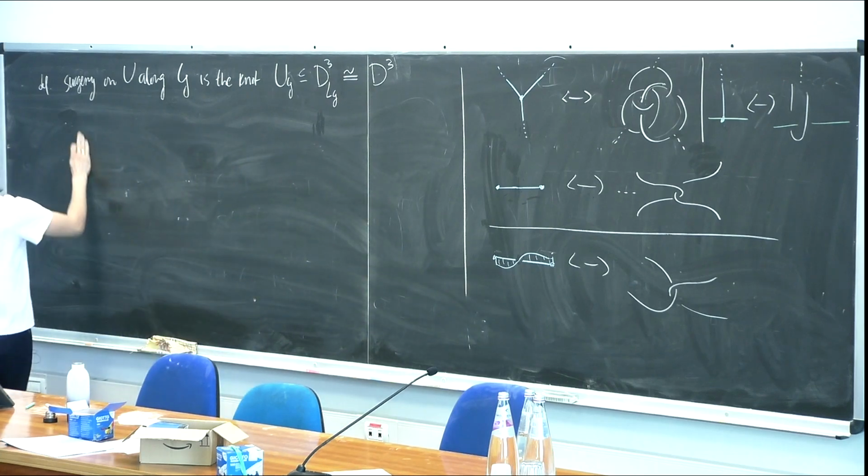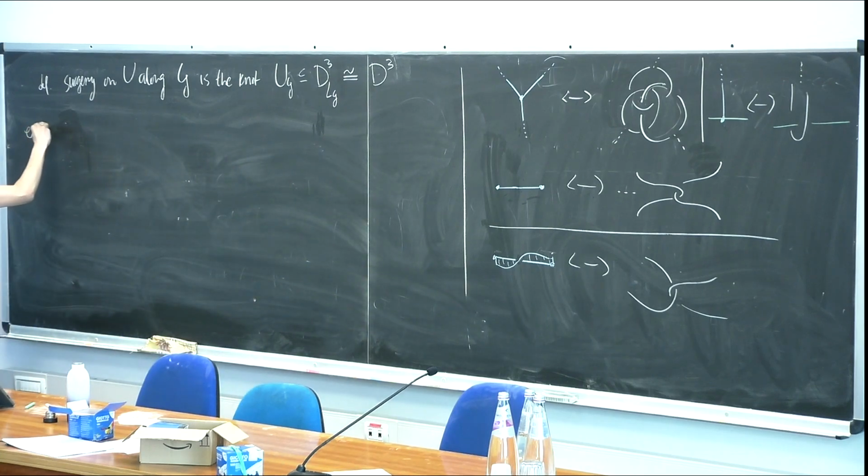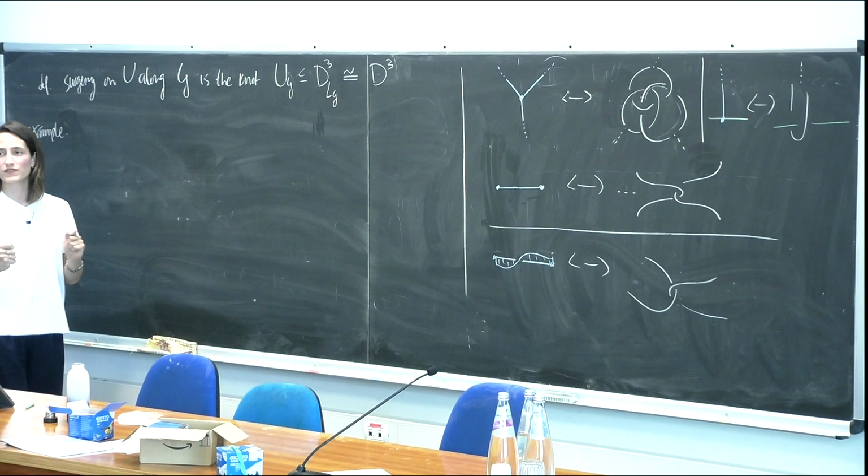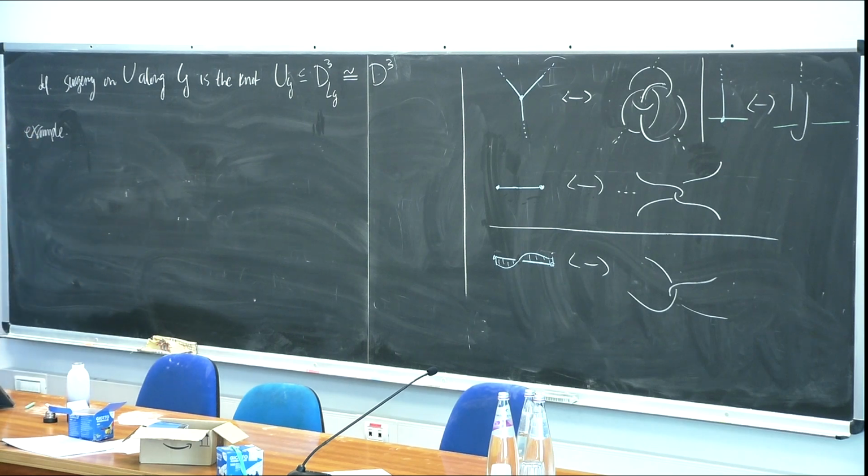Okay, so let's do the simplest example. Let me just say that there is a way of explaining this without any abstract concept such as surgery. You can explain it by just moves on diagrams. But it's very important for the later constructions to understand that there is some surgery involved.